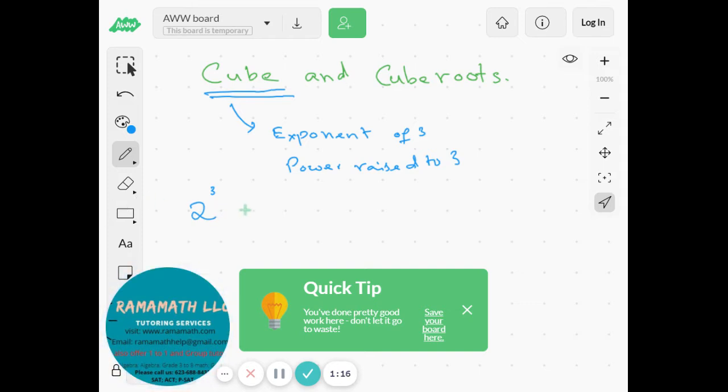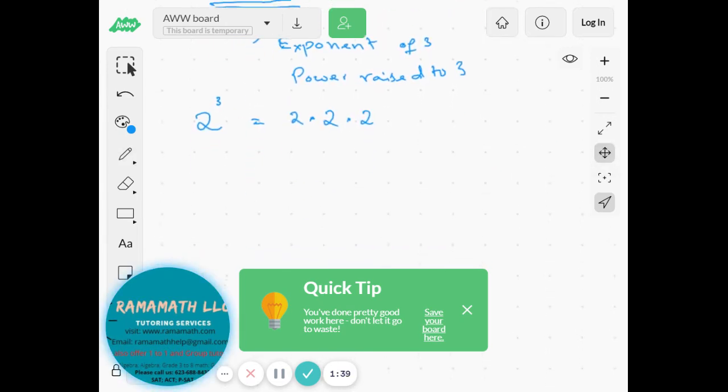What I say is 2 times 2 times 2. So you repeatedly multiply the same number 3 times. Just like a square, we multiply the number 2 times, but for the cube, we multiply the same number repeatedly 3 times. So that's basically what the cube means.